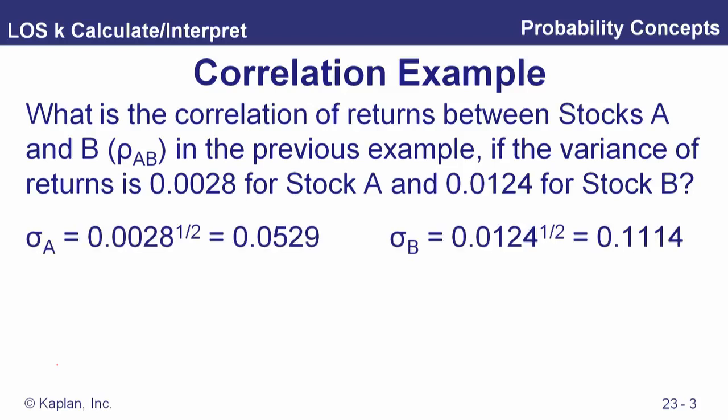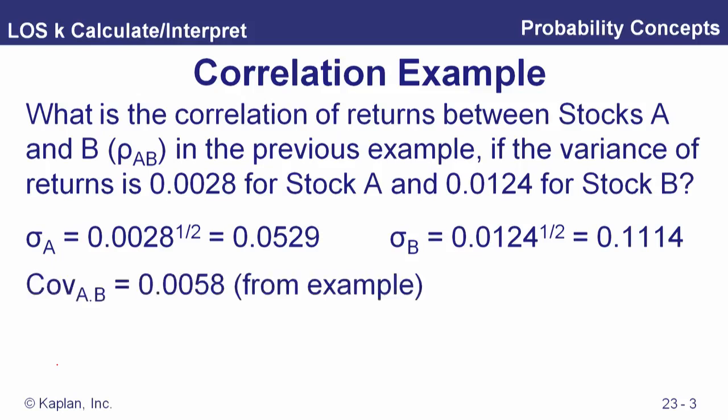Okay? So first thing is to get our standard deviations from those variances. So we get 0.0529 and 0.1114. So there's our standard deviations of returns.